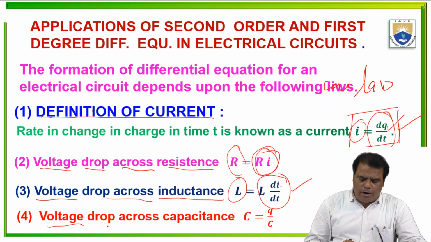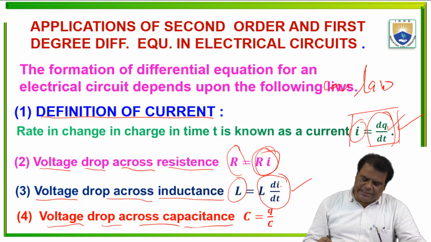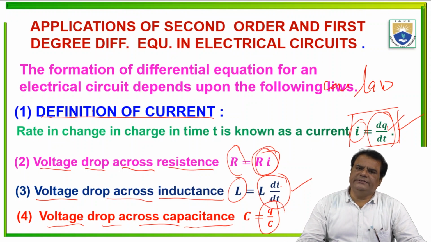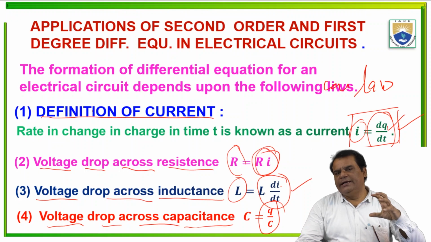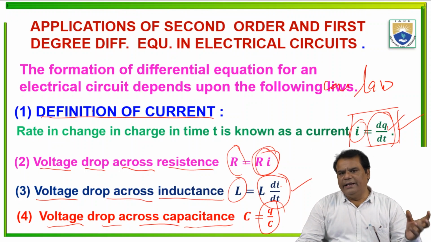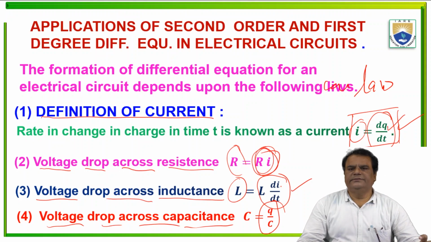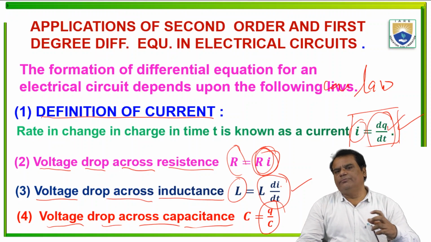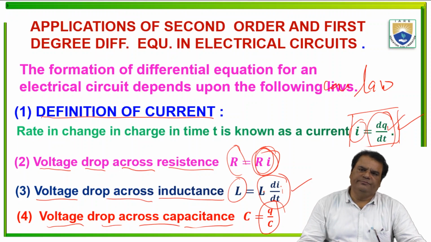Next, voltage drop across capacitance. Any voltage drop across a capacitance, we write Q upon C. Q is charge and C is capacitance here. Suppose in our circuit we use resistance and there is a voltage drop across it, then we write Ri. Any voltage drop across the inductance, we write L di over dt.